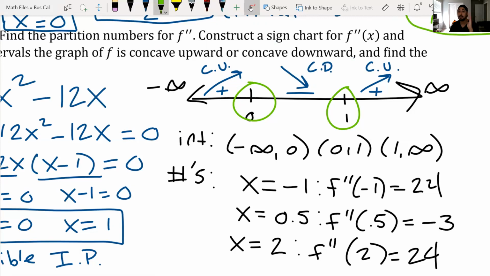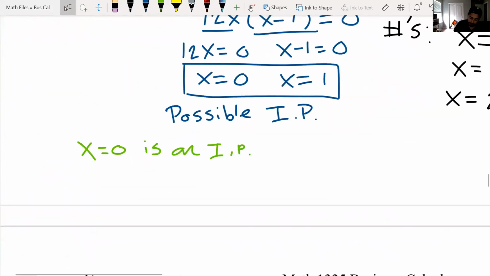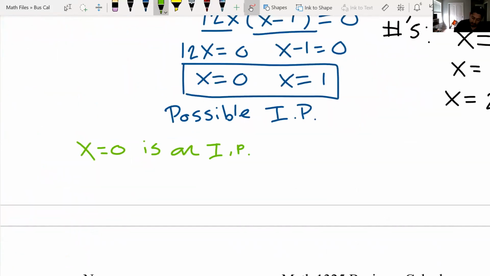Or we went from minus to plus. The signs changed. Concavity changed. So this means that x equals 1 is also an inflection point. And since they are inflection points, we need to find the points of inflection. So take 0, take 1, and plug them into the original function.